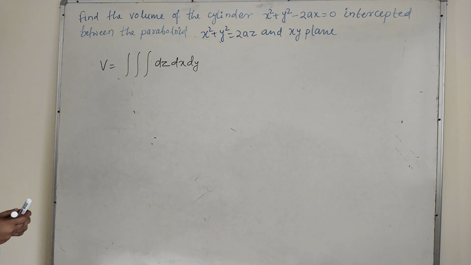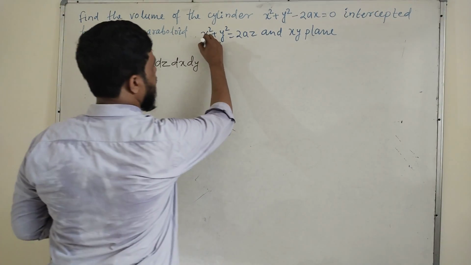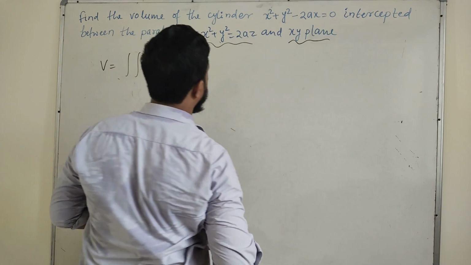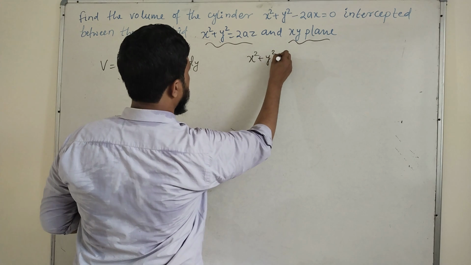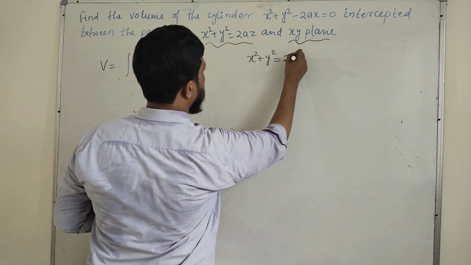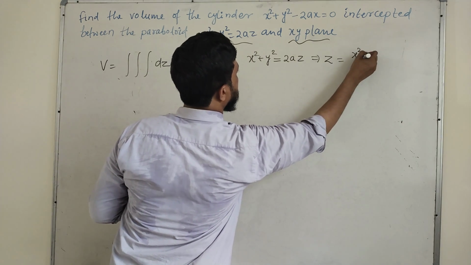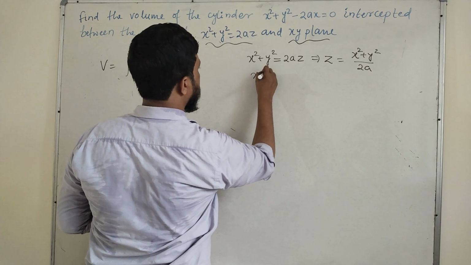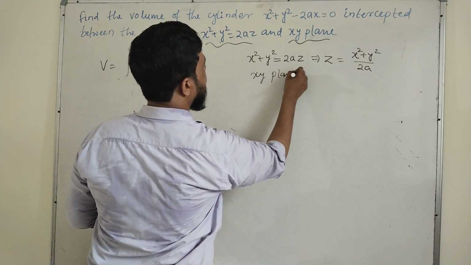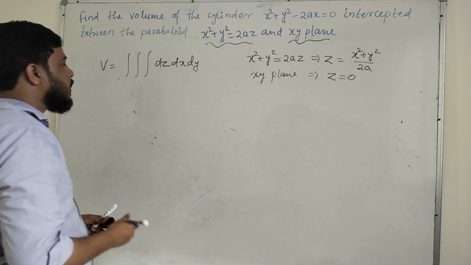First we will decide the limit of z from these two equations. From the first equation, x square plus y square is equal to 2az, then z is equal to x square plus y square divided by 2a, and xy plane is nothing but z is equal to 0.